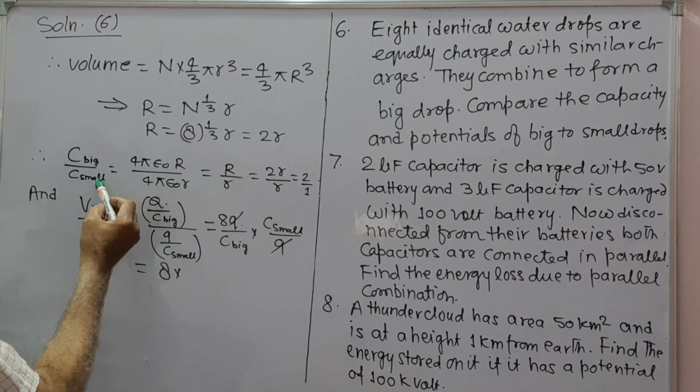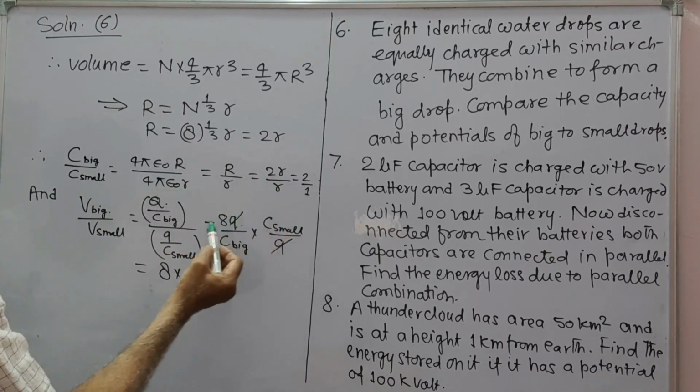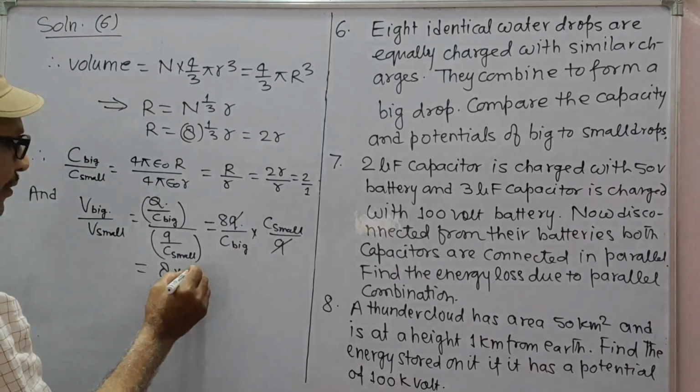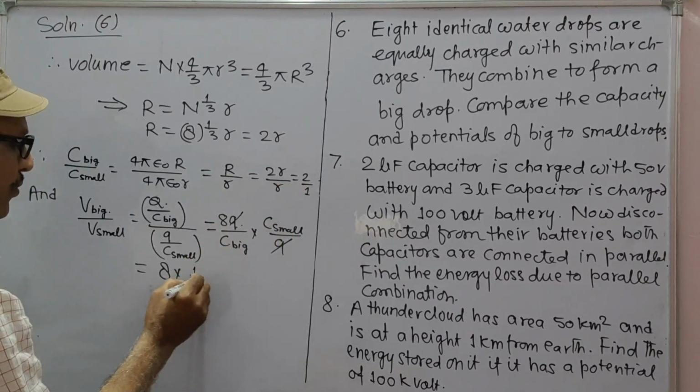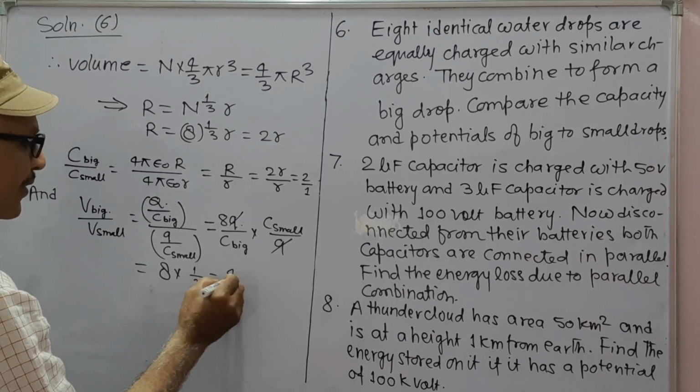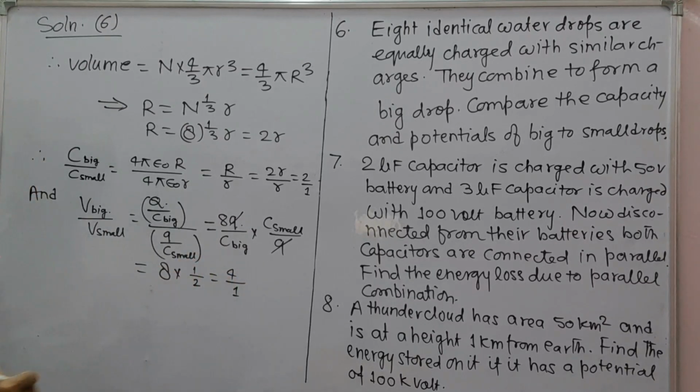C small upon C big will be equal to 1 by 2. That is, ratio will be 4:1. This is the ratio of the potential of big drop to small drop, and this is the ratio of capacitance of big drop to small drop.